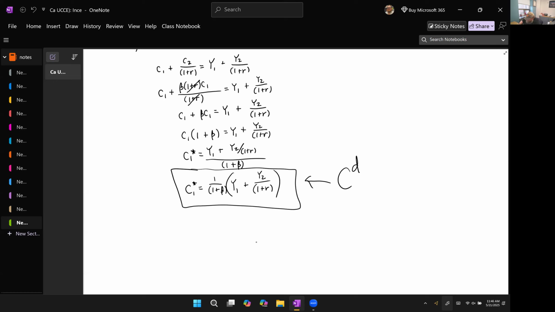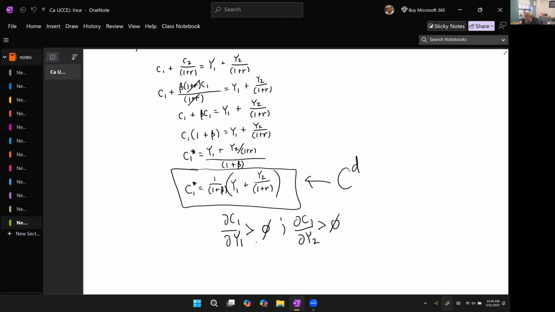And so you get the typical comparative statics here. We can see that the derivative of C1 with respect to Y1 is greater than 0, right? We can see, for example, that the derivative of C1 with respect to Y2 also is greater than 0.